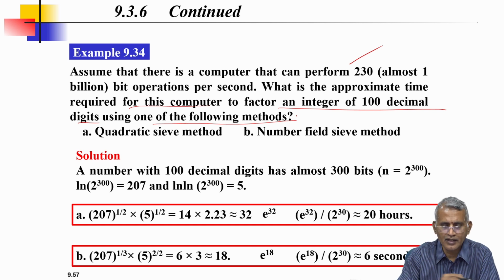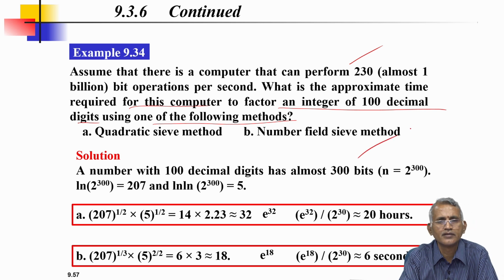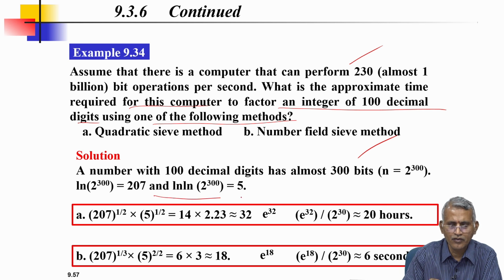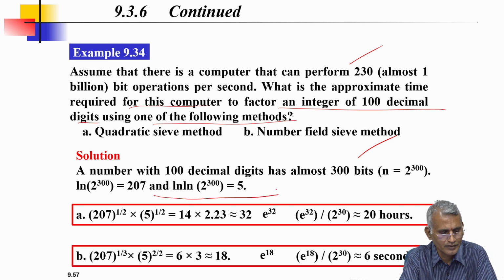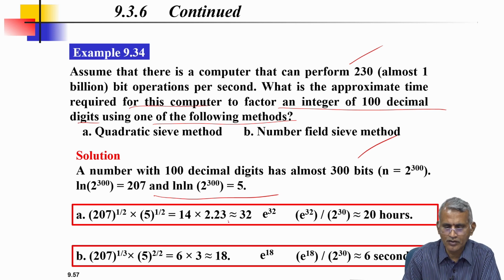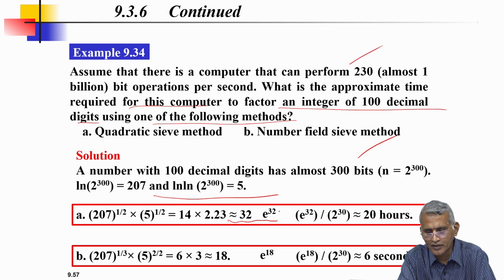A number with 100 decimal digits is almost 300 bits, therefore, n equal to 2 power 300. So, ln of 2 power 300 is equal to 207, and ln ln of 2 power 300 equals 5. So, c can be written as 207 whole power 1 by 2 into 5 power 1 by 2, which is equal to 14 into 2.23, approximately equal to 32, so e power 32.